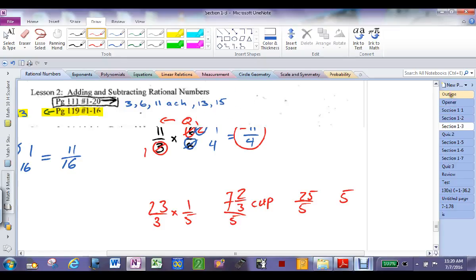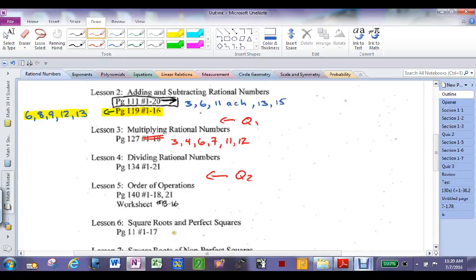Go to your outline. You are going to be working on dividing, page 134. And you are going to do the following numbers. Now please notice, what did I put in your outline after dividing? Quiz 2. Okay? You've already written a quiz today. I don't want to go too hardcore on you. We'll have that quiz, same thing, tomorrow.